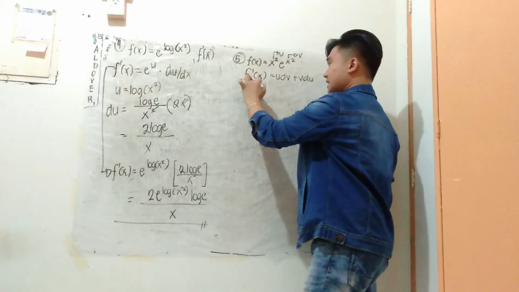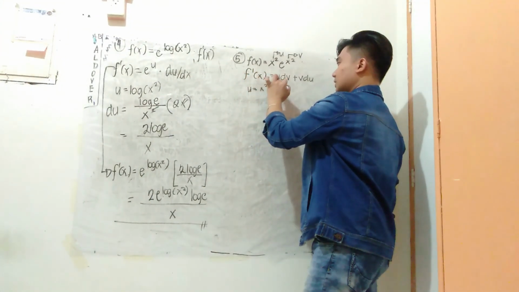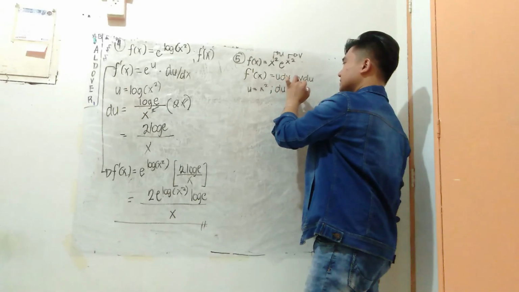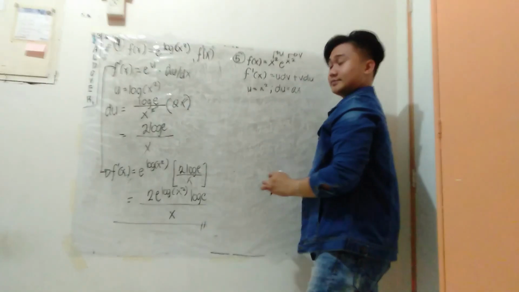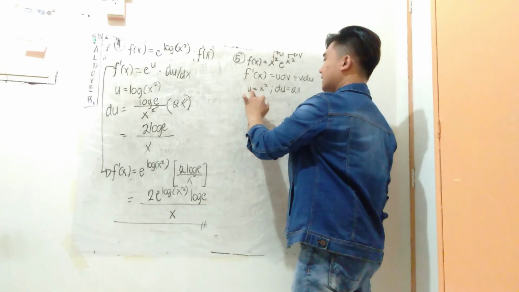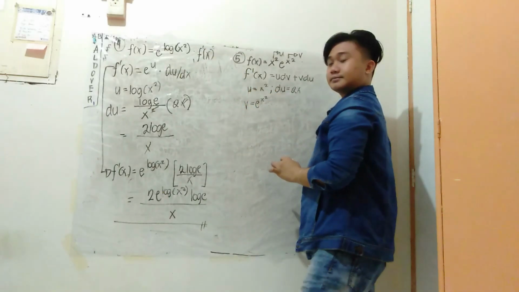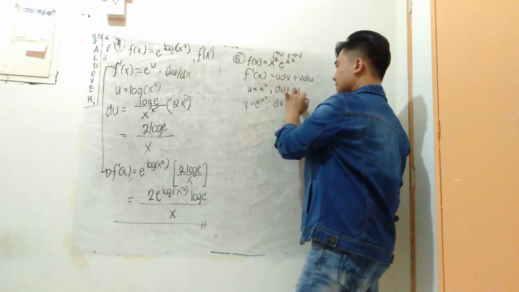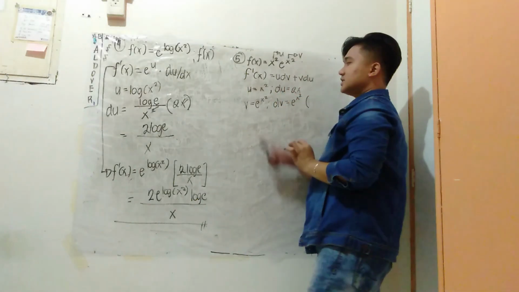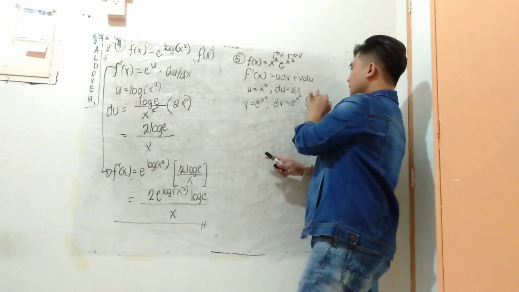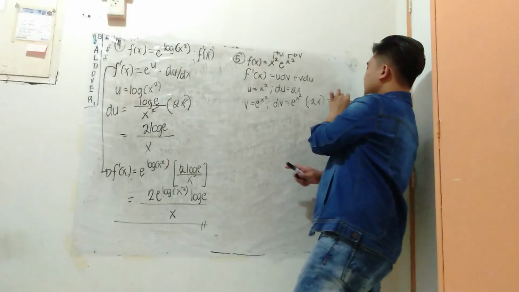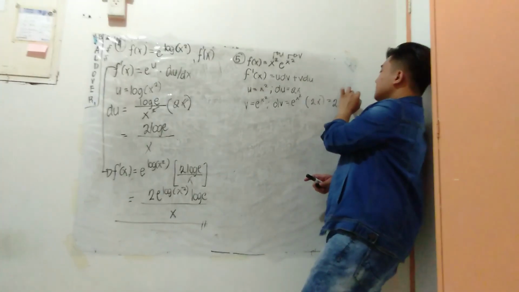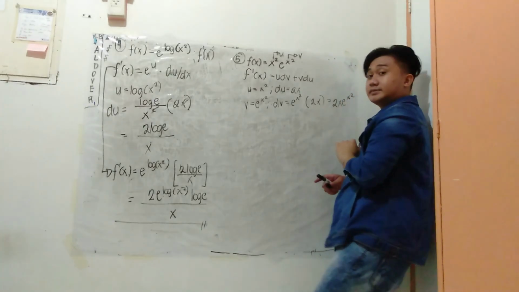So, u ko is x squared. Du ko is 2x. V is e raised to x squared. dv is equals to e raised to x squared times derivative ng x squared, which is 2x. So, this is simply equal to 2x e raised to x squared.